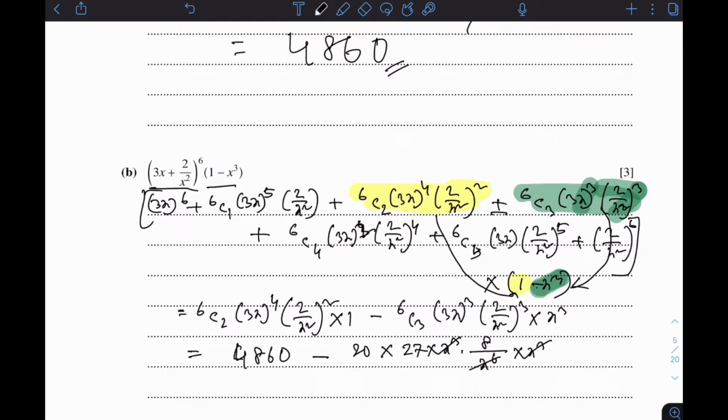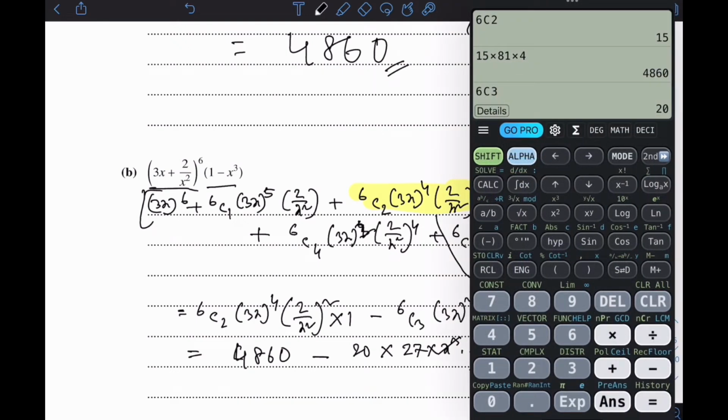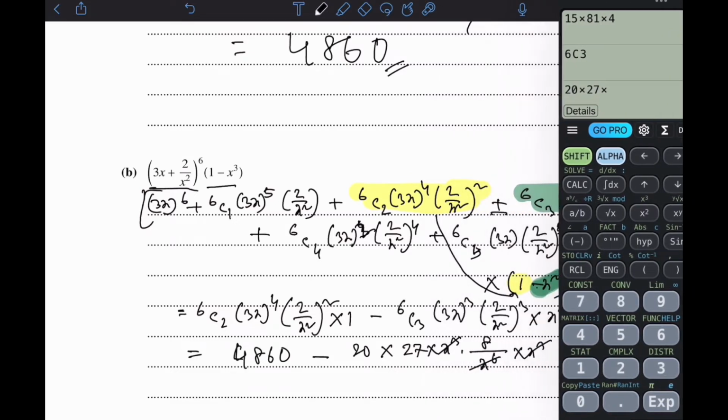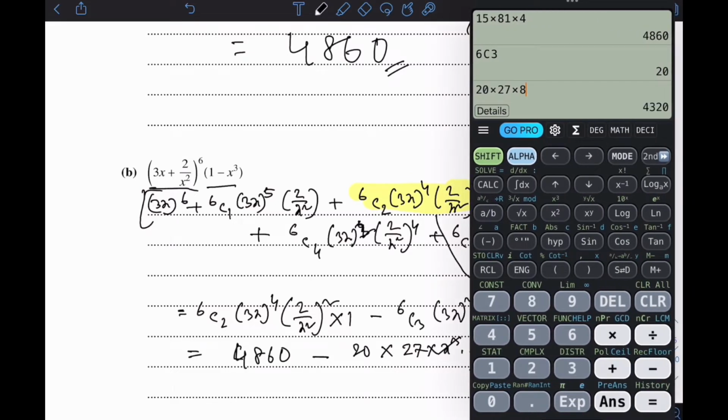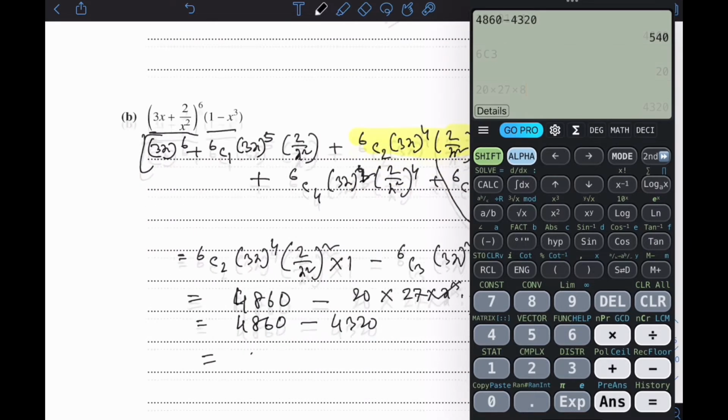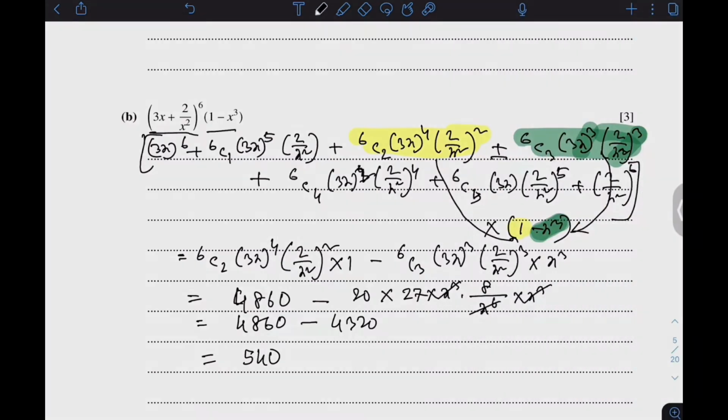See, this is also independent of x. And then if we multiply 20 into 27 into 8, it is becoming 4320. So 4860 minus 4320 is 540. This is the term which is independent of x.